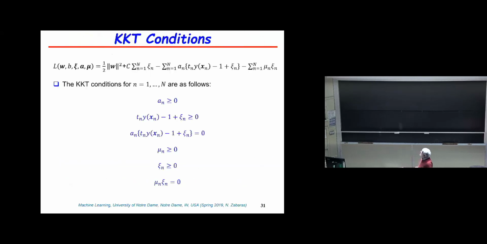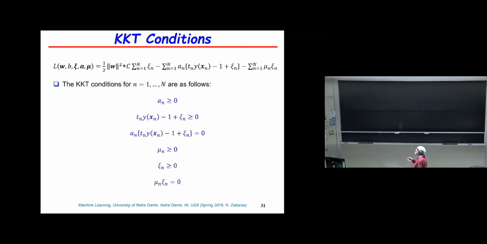So what you do is you write down the Karush-Kuhn-Tucker conditions. What I want you to concentrate on is the third equality here and the sixth. Can you immediately see that this model will introduce sparsity?